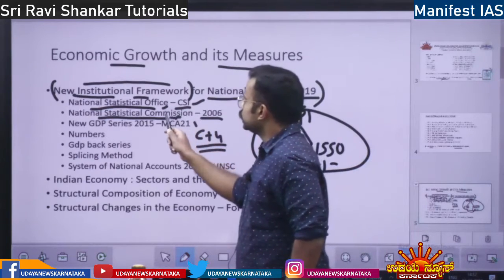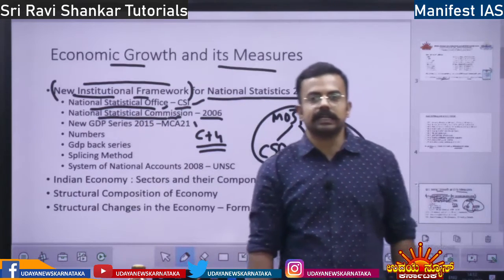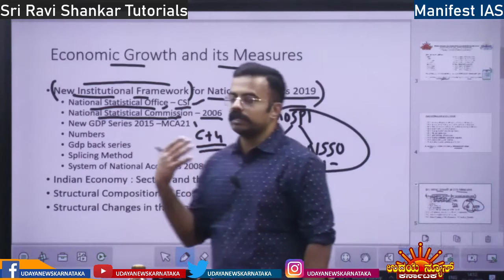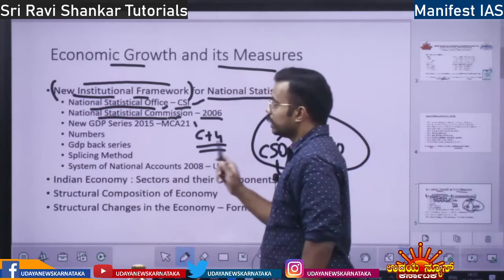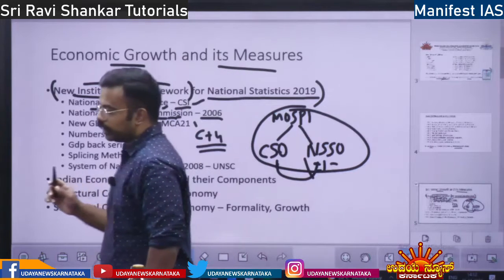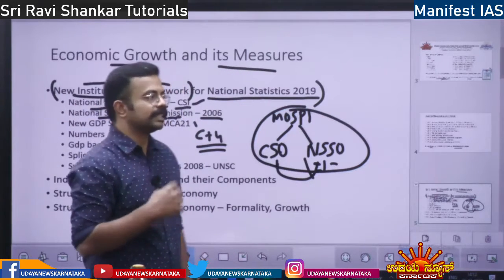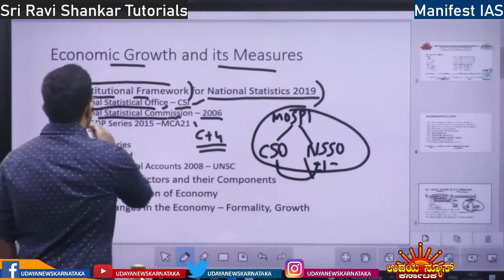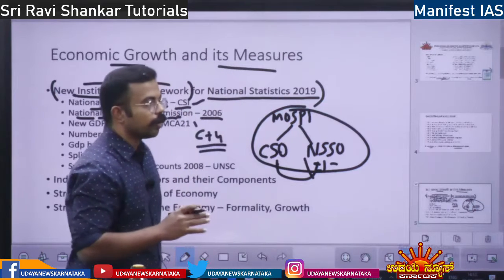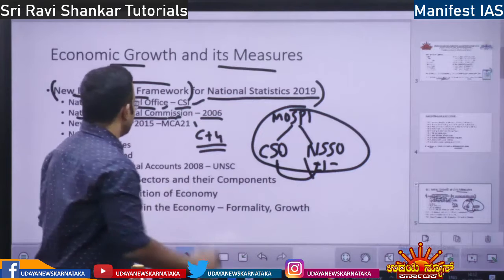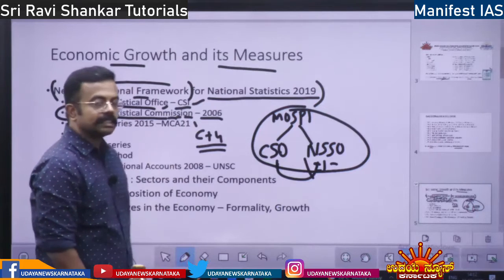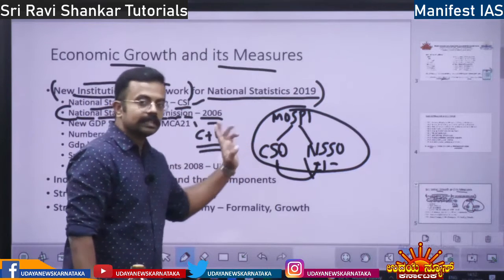It monitors everything: how statistics is being collected, how statistics is being organized, how statistics is being published. Statistics means numbers, output, GDP, all those things. How they are collecting, organizing and publishing it, and quality: is the data of quality, are there any issues in the data, on what formula the statistics are classified, everything, overall monitoring is done by the National Statistical Commission, established in 2006, right?